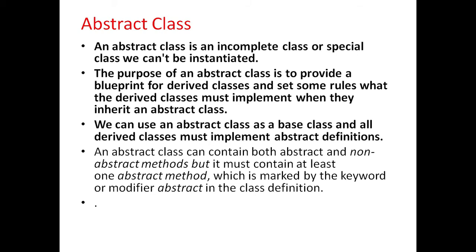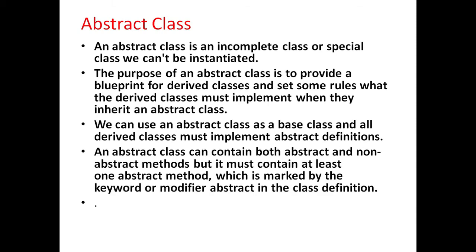We can use an abstract class as a base class, and all derived classes must implement abstract definitions. An abstract class can contain both abstract and non-abstract methods, but it must contain at least one abstract method, which is marked by the keyword or modifier abstract in the class definition.